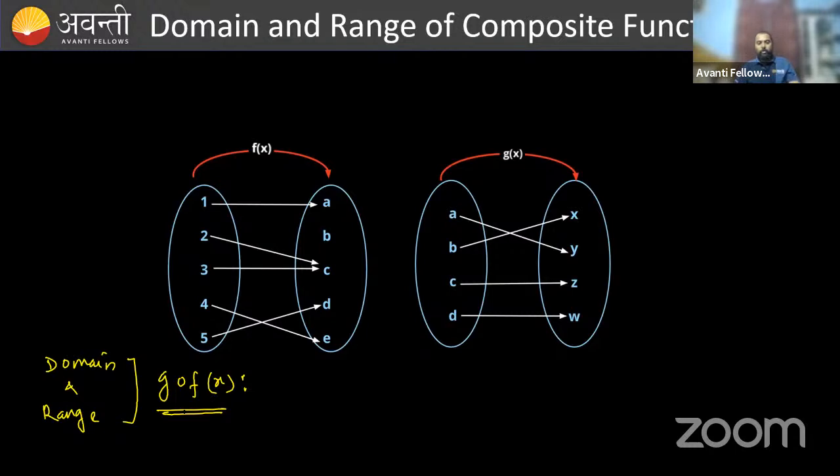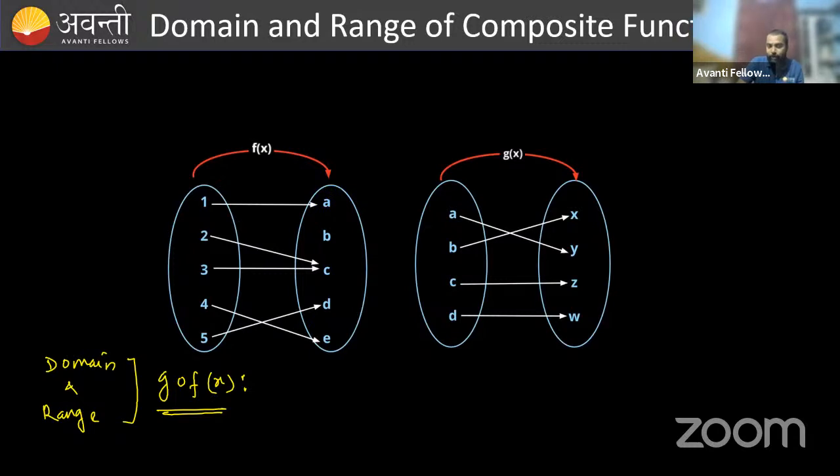Okay, so simple. Acha. So in the function f of x, there are some inputs. There is a domain and also there is a range. So when we are making the composition of g and f, or composite function g of f of x, that means after putting all the inputs of f of x in f, you are getting the outputs of f of x.